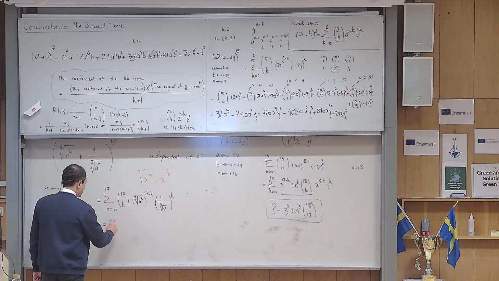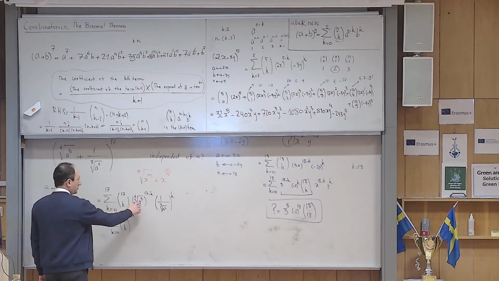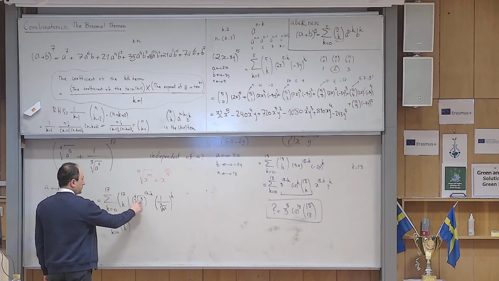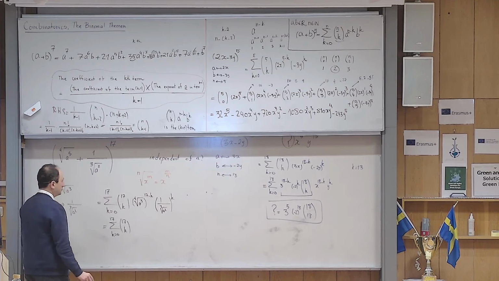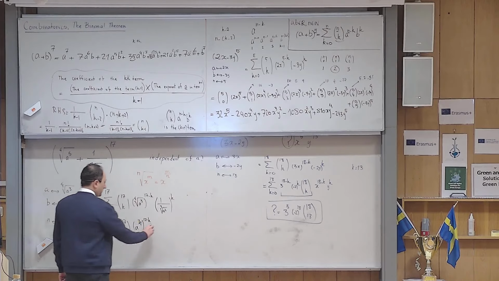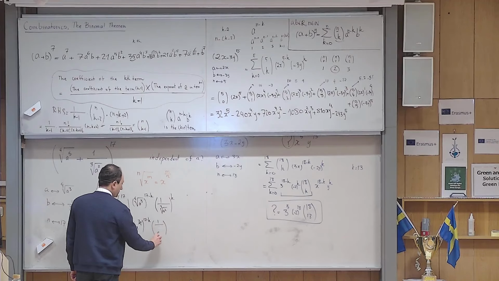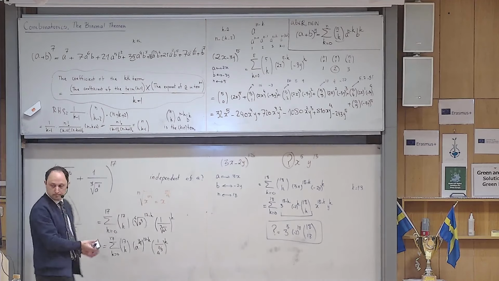I would prefer to write it down as 17 choose k, but this one I will write as a to the power of 3/4, to the power of 17 minus k, and then this becomes 1 over a to the power of 2/3, to the power of k. Then I will try to simplify them, yes?